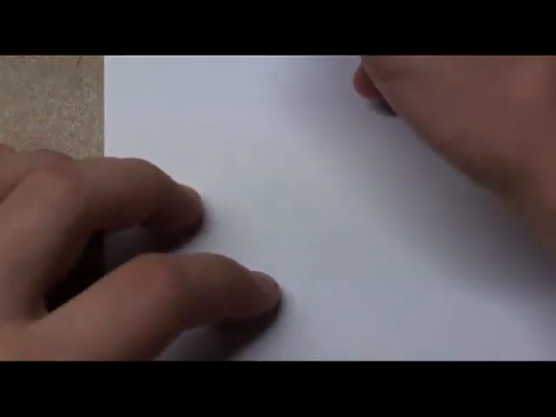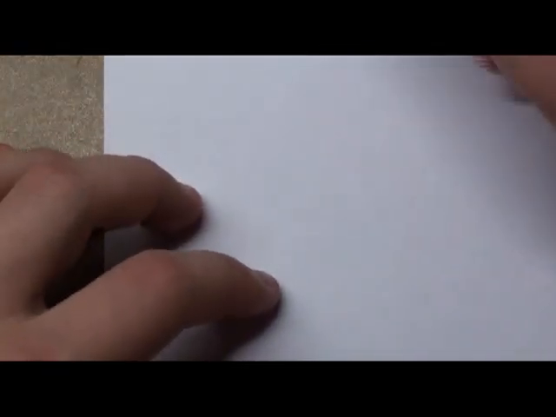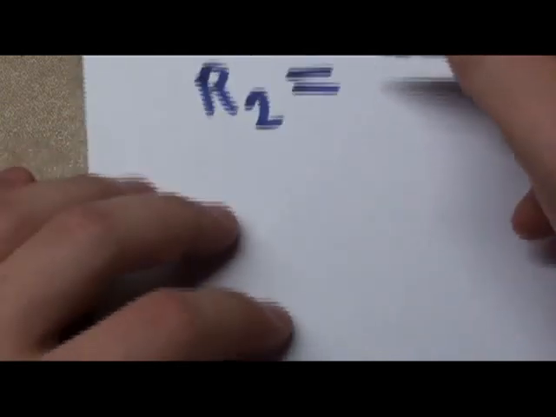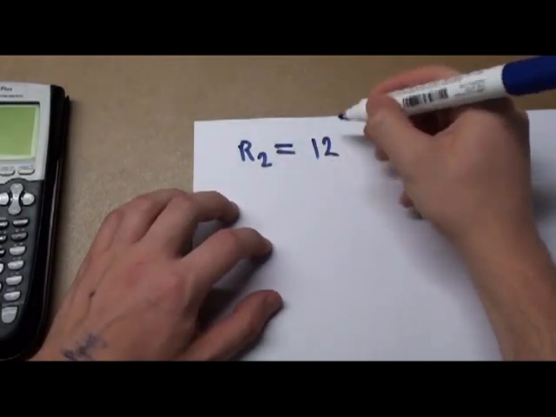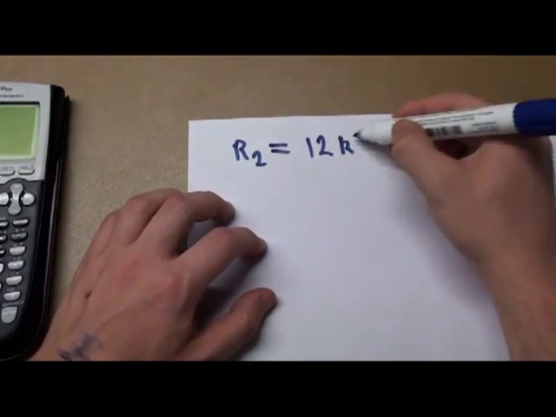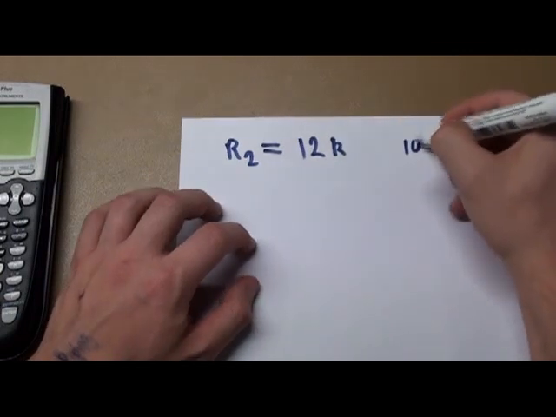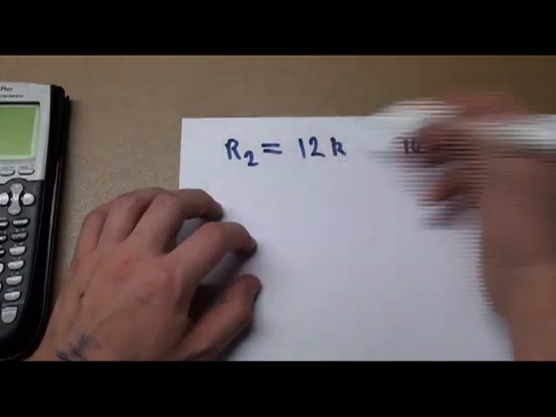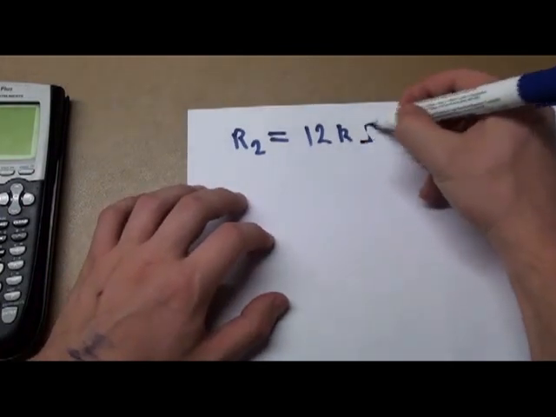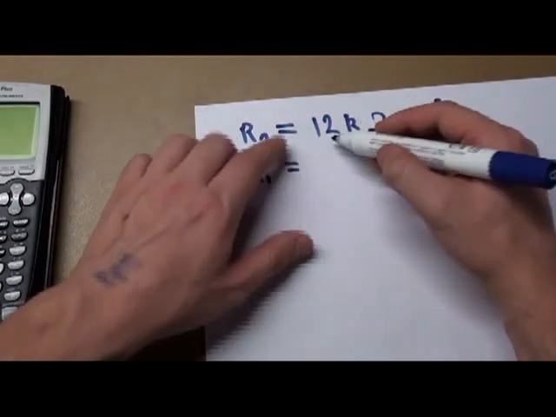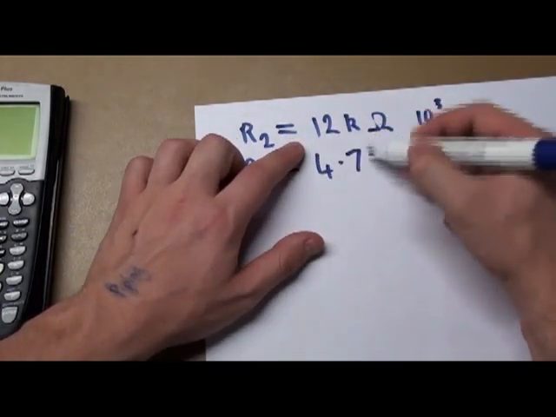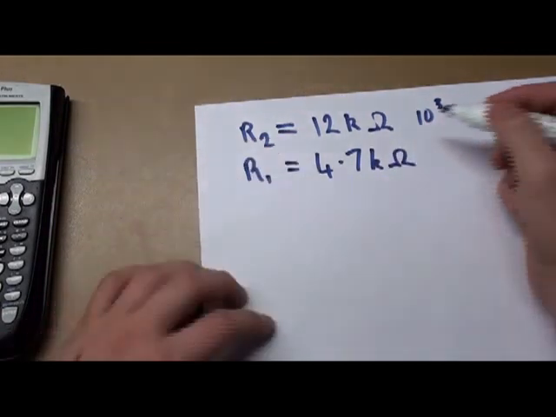Now I can tell you, because I built it, that the values I put in were R2 equals 12K, and just as a side note, whenever we write K we really mean 10 to the 3, so 12,000 ohms, and R1 equals 4.7K ohms.